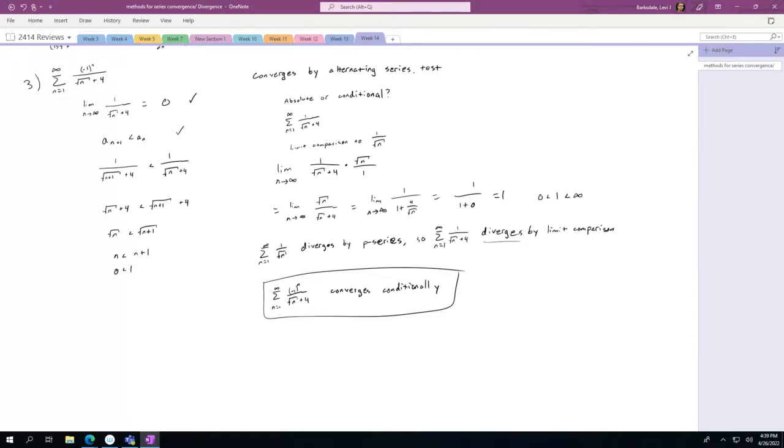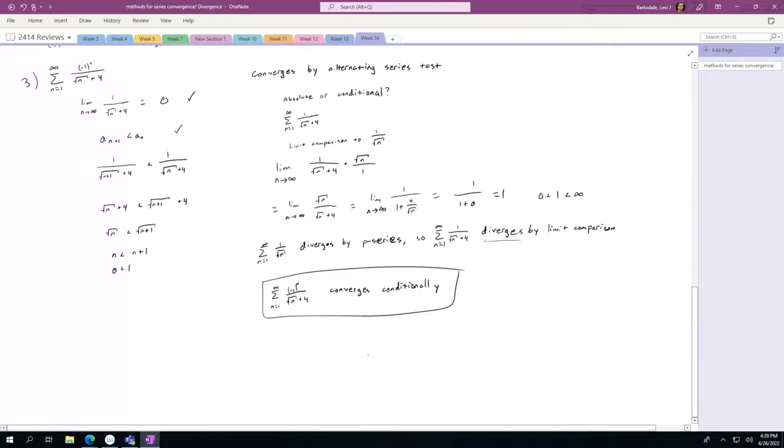It means that it has to be alternating in order to converge. So that's the condition. Okay. Yeah. If it converged regardless of whether or not it was alternating, then we'd call it absolutely convergent. Good?